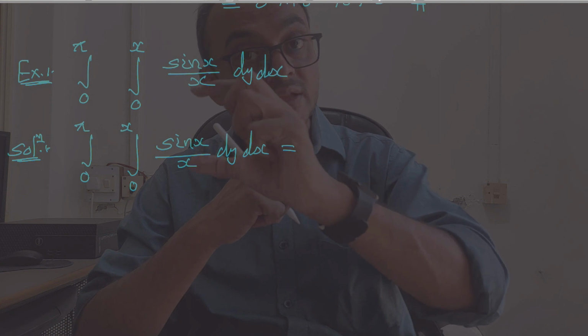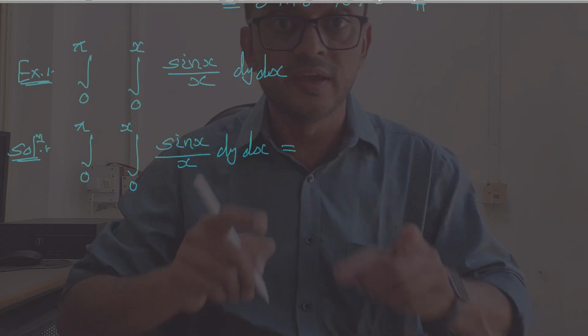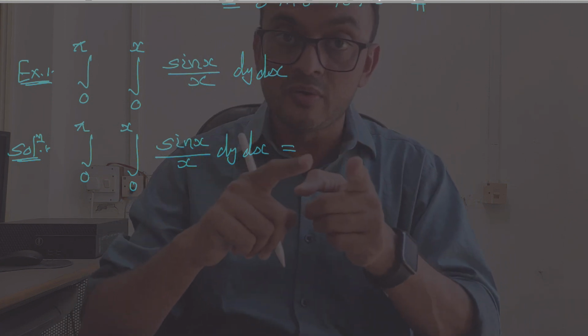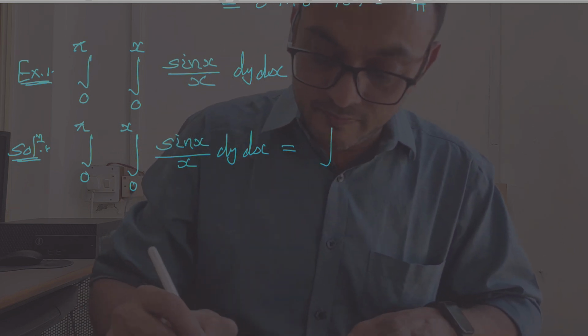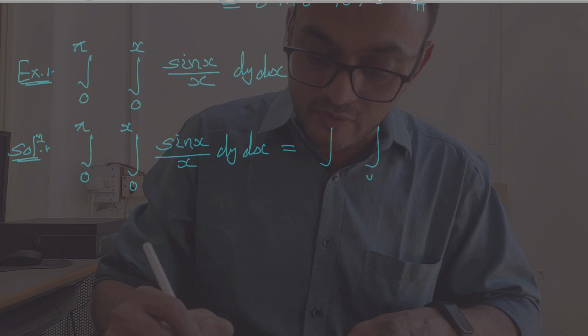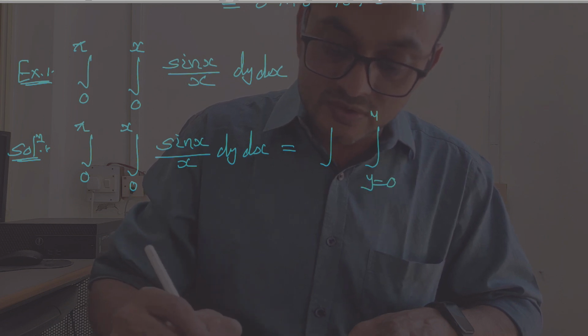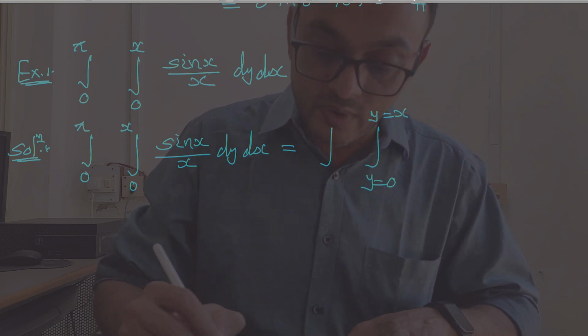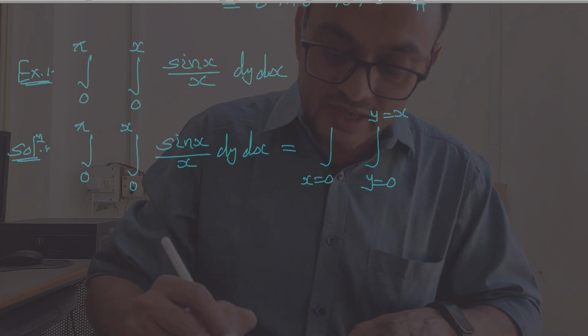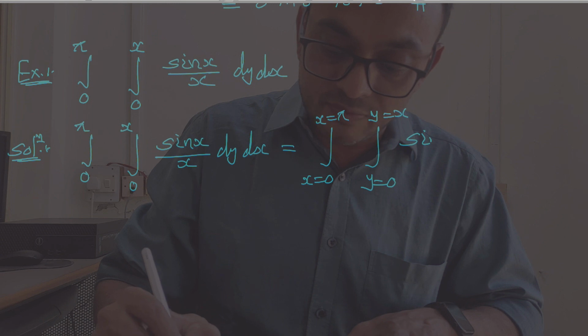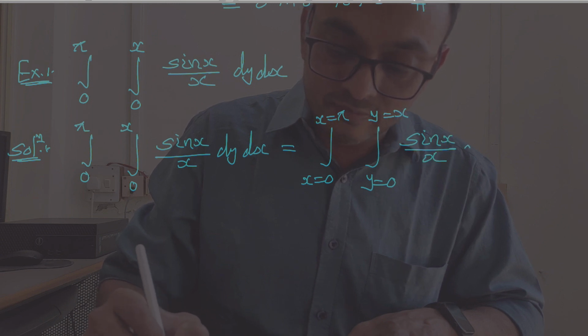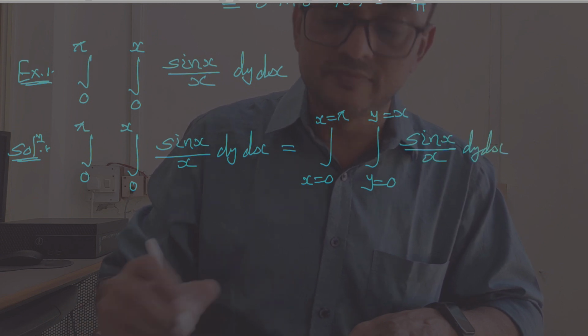Now I have to write which are the limits of x, which are the limits of y. Dy dx, so inner limit of y, outer limit of x. So this is equal to inner limit of y is equal to 0 to y is equal to x, outer limit of x is equal to 0 to pi, sin x upon x, dy dx.